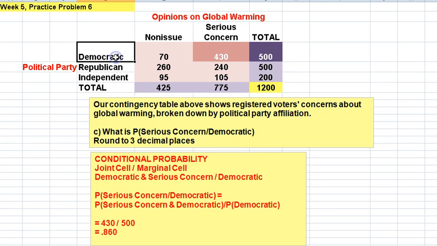So we go up to our Democratic row, we go out to our marginal value of 500, and then we look for serious concern and Democratic. We're still in the Democratic row. The intersection is 430. So that's our joint value. We're going to divide 500 into 430, and we're going to get a conditional probability of 0.860.